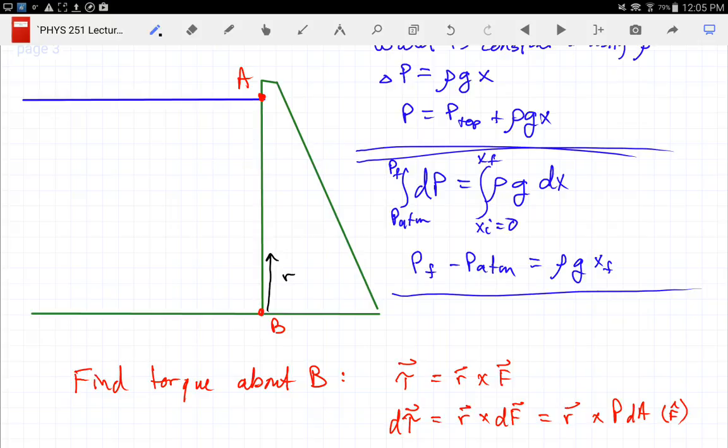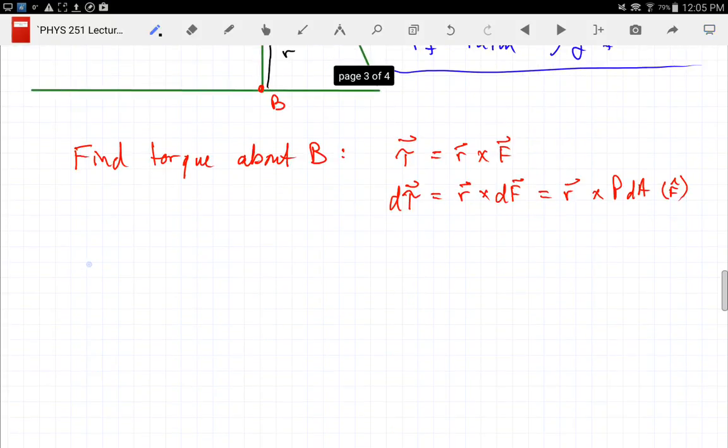And so I need to make sure I define things carefully. So I could say, for instance, let x equal height minus r. So when r is 0, then your x is the height of the dam. But as r gets bigger, your x is dropping.